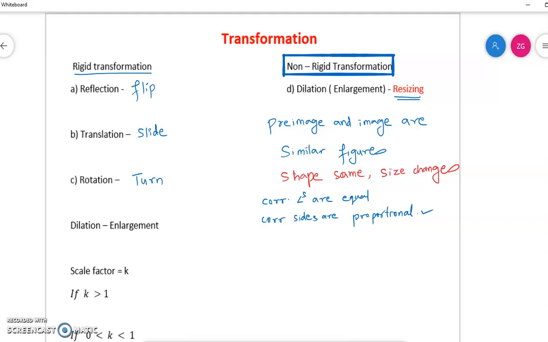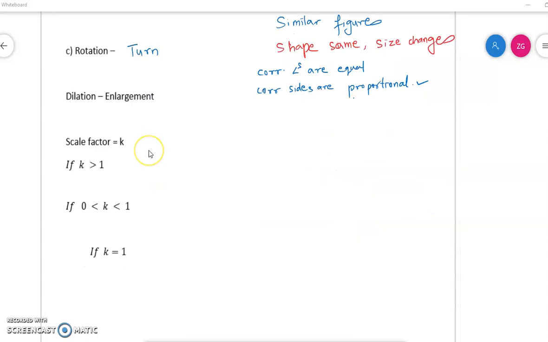Now this change is based on a scale factor. The scale factor is denoted by the letter K. If the scale factor is greater than 1, then the shape becomes bigger in size. If the value of K is between 0 and 1, then it becomes smaller in size.